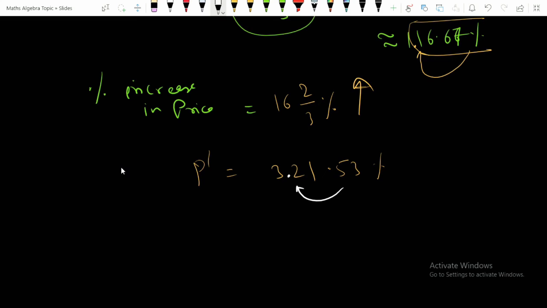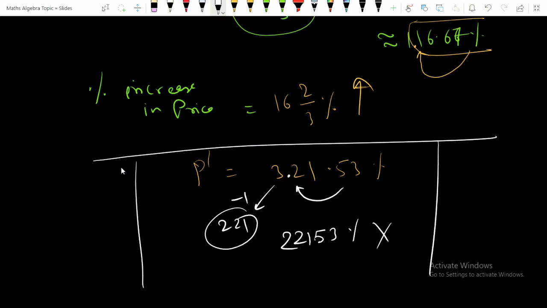It is not 2153.53 percentage, that is wrong. It will be 221.53 percentage. Why? Because we just have to subtract 1 from 321, so it will be 221. So 221 will be the percentage change. This is your answer.